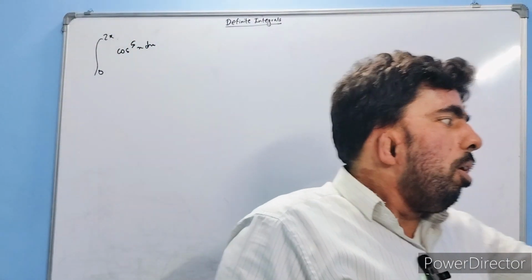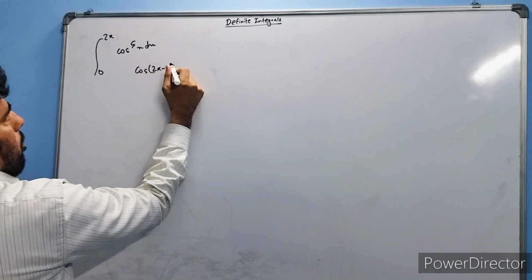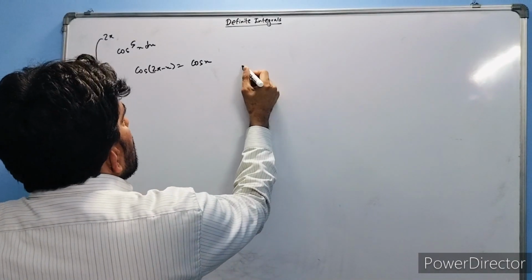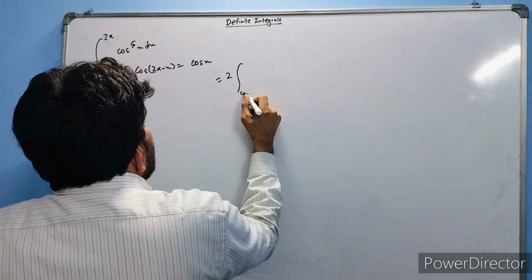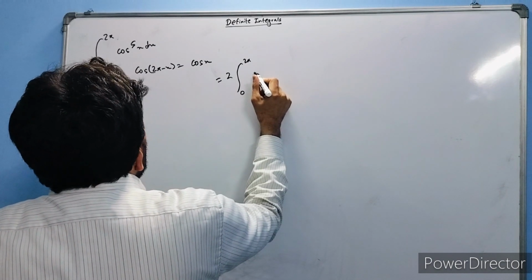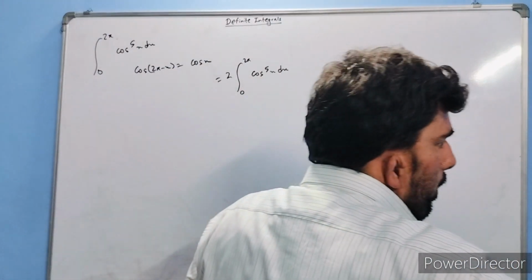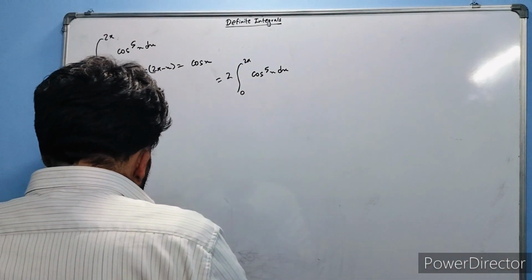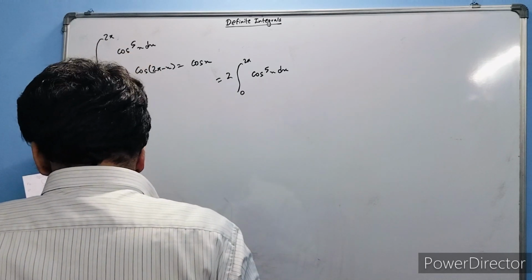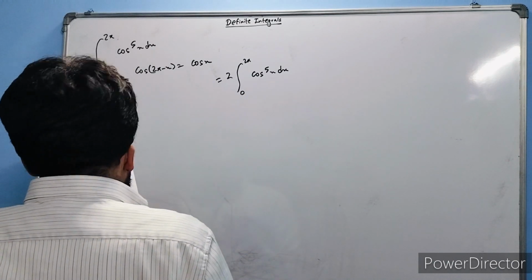Now we all know that cos of 2 pi minus x is cos x. So it is positive, it is an even function, so we can write here twice the integral from 0 to pi of cos 5x dx. This is the property which I have used: for 0 to 2a, if f of 2a minus x is f of x, we write 0 to a.